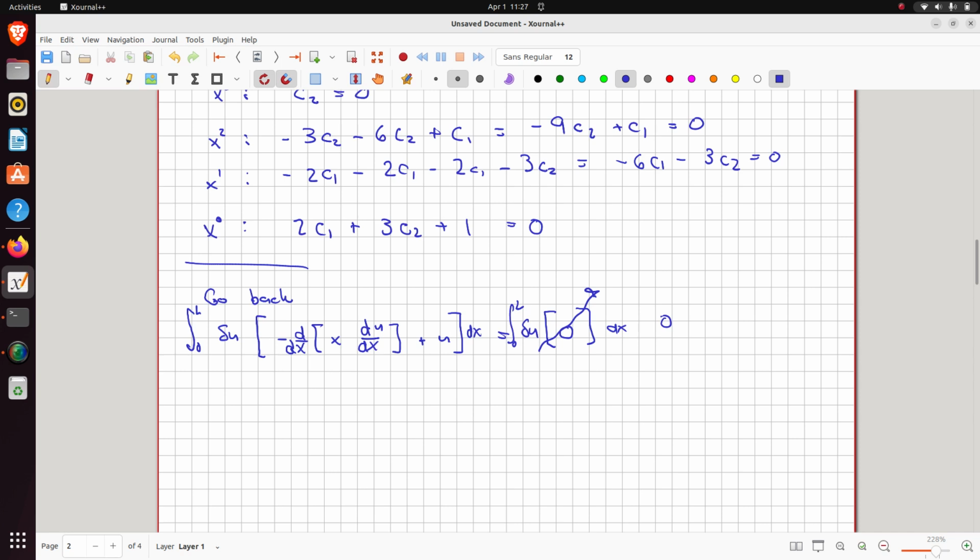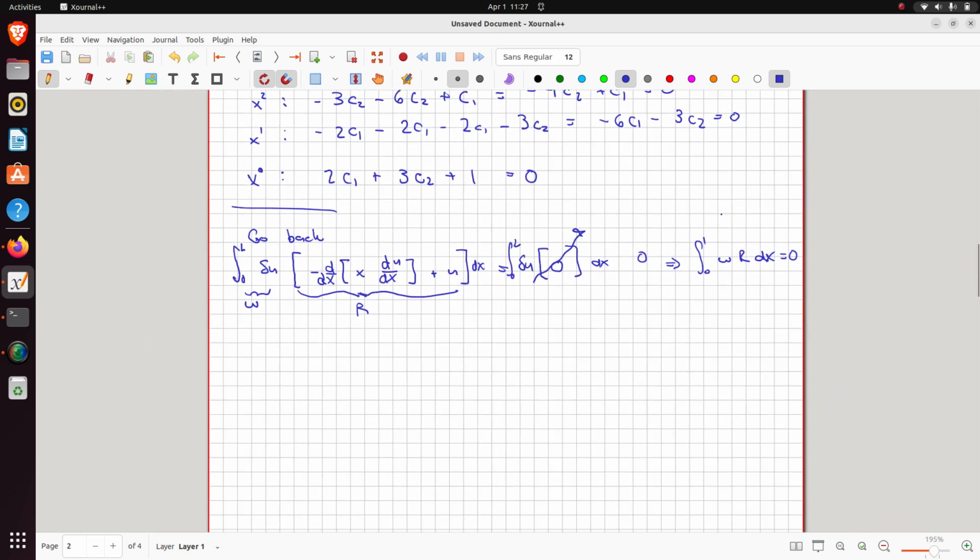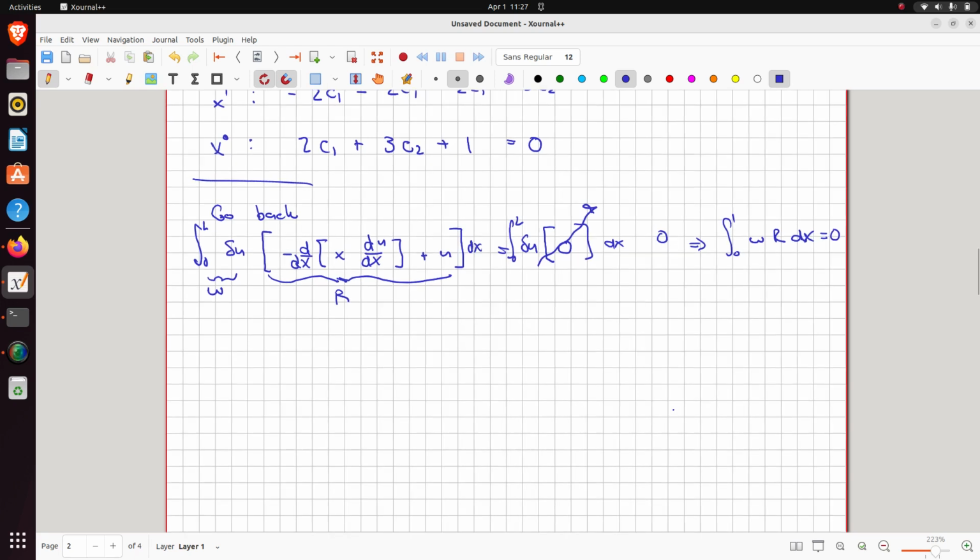So what we have here, you can look at this like this: this is a residual, and this is a weight. So you could write it like so, our residual.